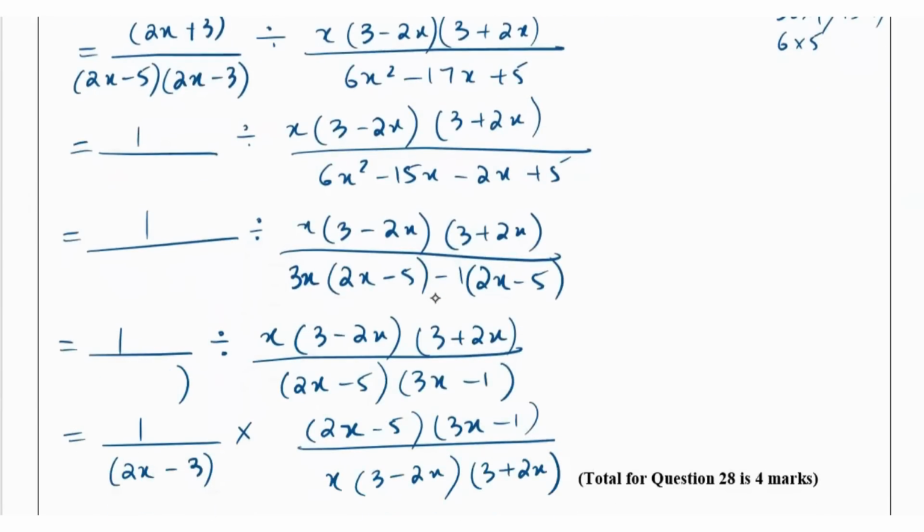Change that. That's 2x plus 3, 2x minus 5 times 2x plus 3 minus 3. Sorry for mixing that up.